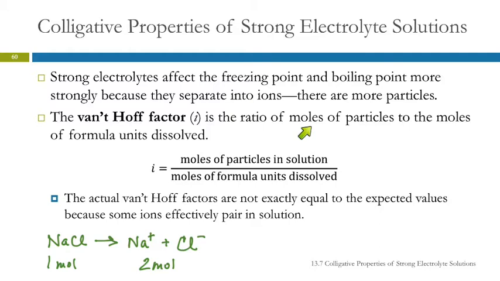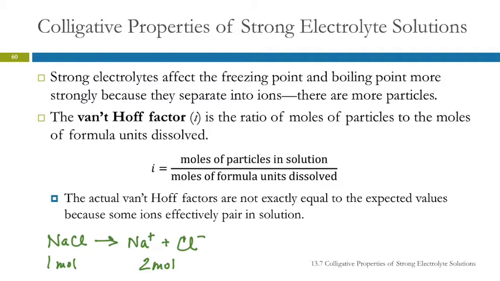It's the ratio of moles of particles to moles of formula units dissolved. So for sodium chloride here, we would expect it to be 2 moles of particles per 1 mole of formula units. The actual Van't Hoff factors are not the same as expected, because that would just be too easy, right?